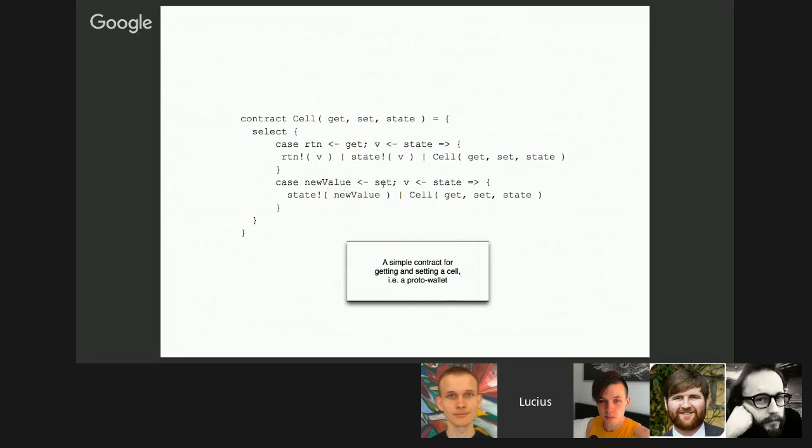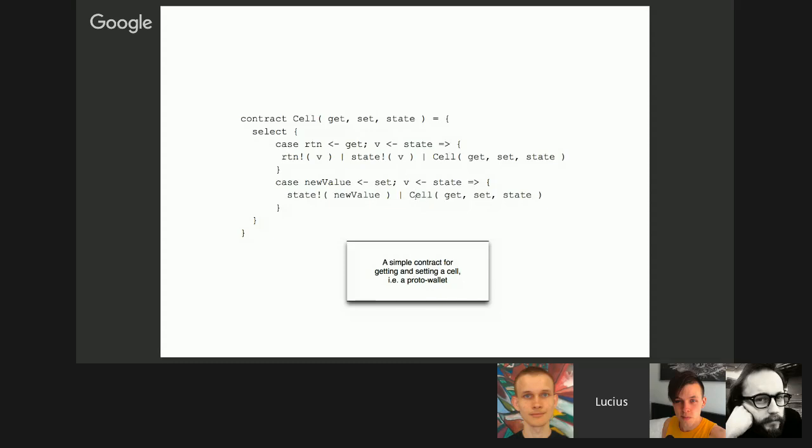Likewise, if we get the set first, we get the new value off the set channel, and we get the value that's stored in the state. So we update the state with the new value, and we recursively invoke the cell again. So you can see that that's safe.